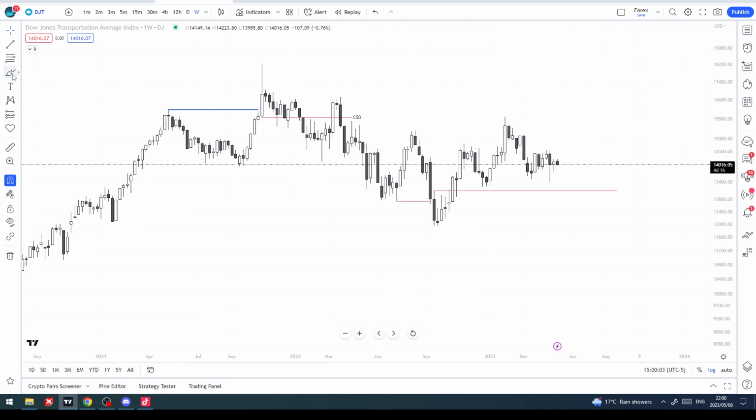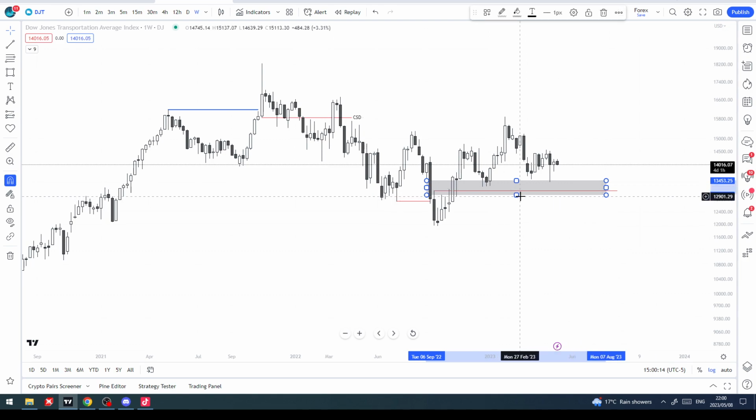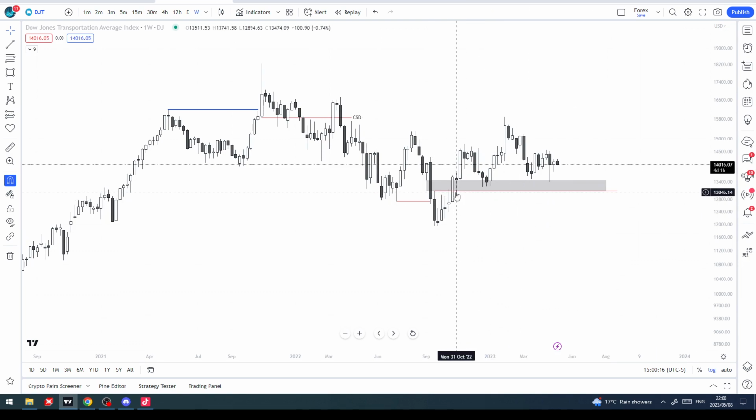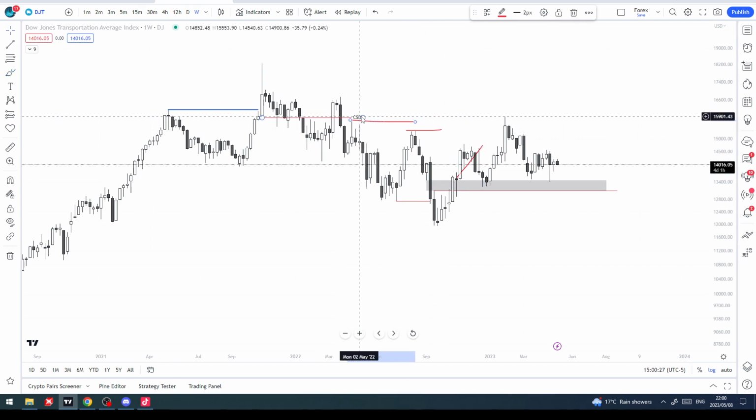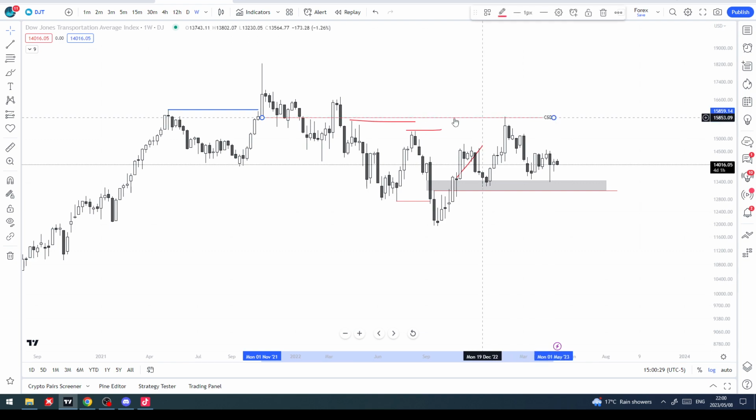So we have market structure shift, which happened when we closed above this FVG. Now, this is what you want to be seeing for stuff like this, right? You have an FVG created. You have price closing above it, like so. As soon as price closes above it, you can go long, right? Target your nearest highs. And this one actually came back to the CSD candle there. You can see that.